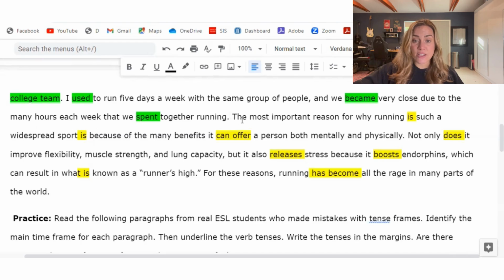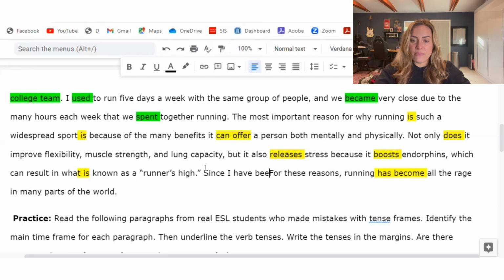So here it says, the most important reason for why running is such a widespread sport is because of the many benefits it can offer a person both mentally and physically. Not only does it improve flexibility, muscle strength, and lung capacity, but it also releases stress because it boosts endorphins, which can result in what is known as a runner's high. Watch what I'm going to do here.